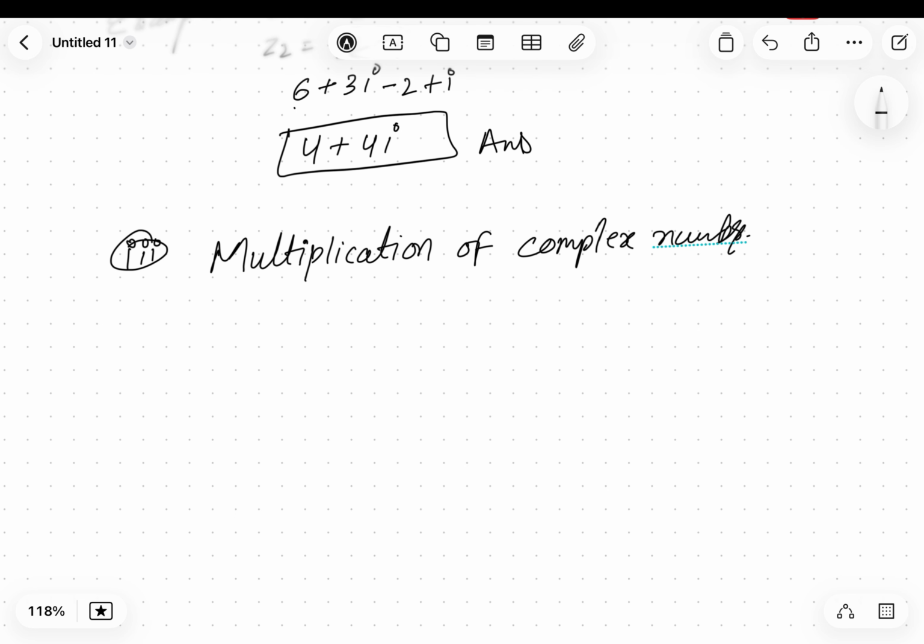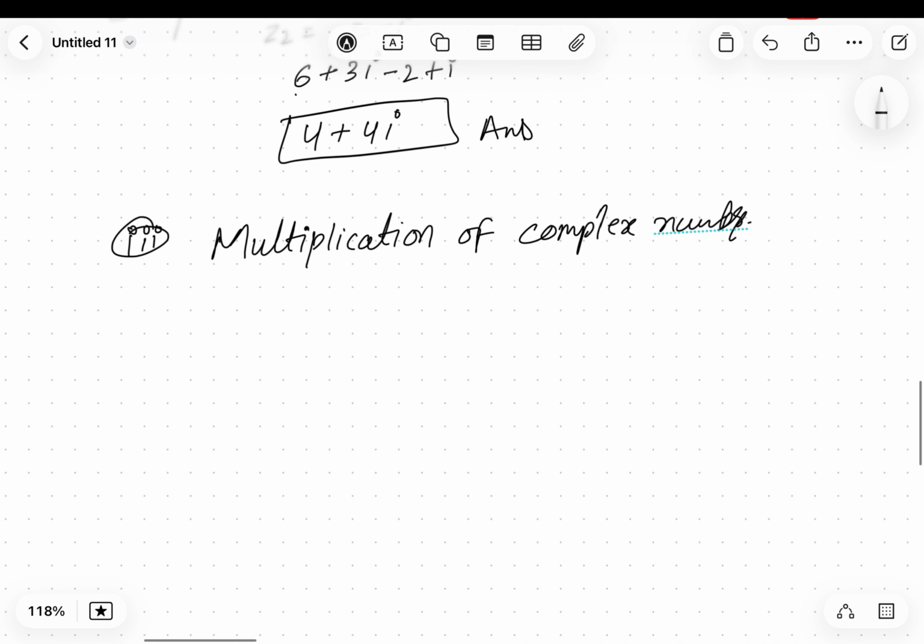Now multiplication of a complex number. So if we have z1, which is used to represent the complex number, z1 equal to a plus ib, and the second, z2 equal to c plus id. So what will be z1 into z2?